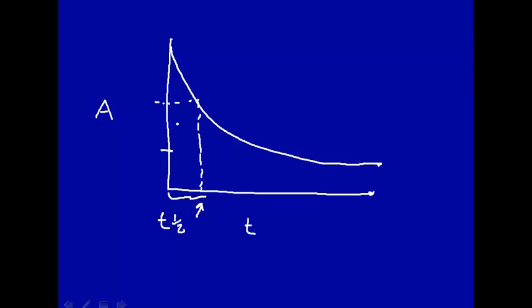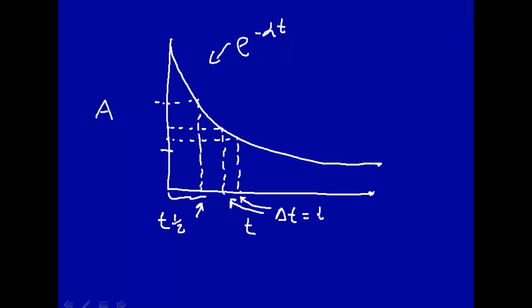But a particular property of exponentials, this is like e to the minus alpha t, where alpha is an exponential term, is that if you start, say, here, redefining this as time equals 0, and look at the time it takes to go halfway here, this change in time delta t is also equal to the half time T 1/2.